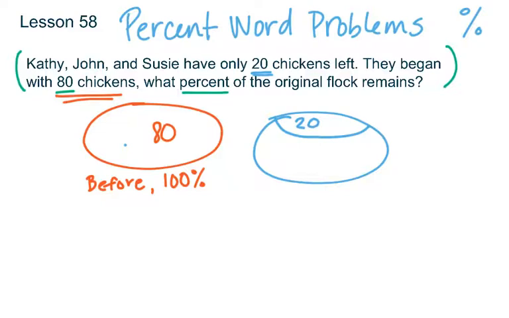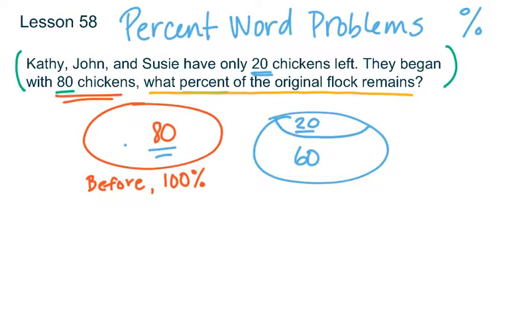So something happened to the rest of the chickens, and the rest of the chickens have to be 60, because if I started with 80 and I went down to 20, something happened to 60 chickens. But let's go back and read the question part of the problem: what percent of the original flock remains?